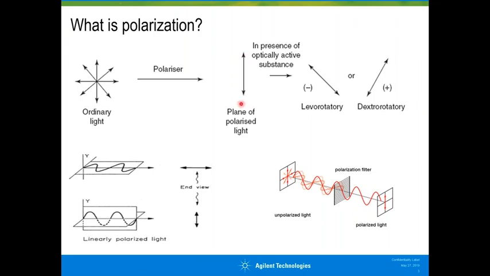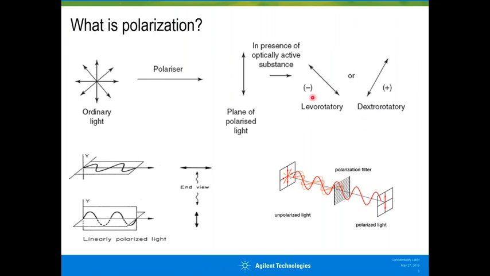Such light is called polarized light, and this phenomenon is called polarization. This is normally exhibited by optically active compounds, right? Those compounds are called enantiomers or chiral compounds. According to the direction in which the light is rotated, the enantiomer can be referred to as dextrorotatory or levorotatory.